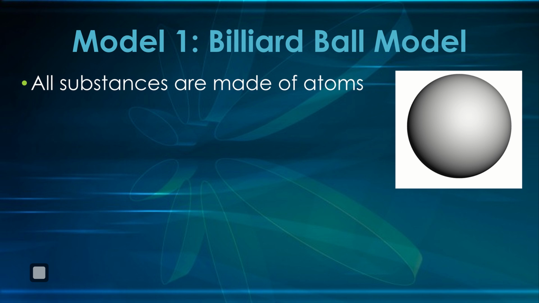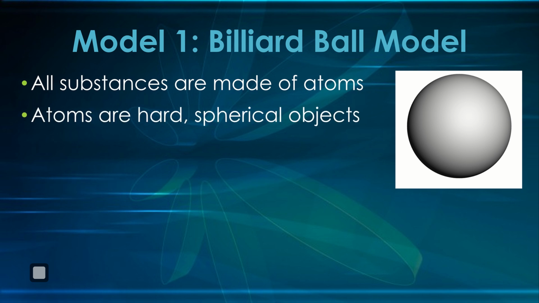We got rid of the O. He said all substances are made up of these atoms, and these atoms are hard spherical objects that come together, that create wood, rocks, glass, whatever. He didn't do a single experiment. It was all just a thought experiment, because it was a philosophy.